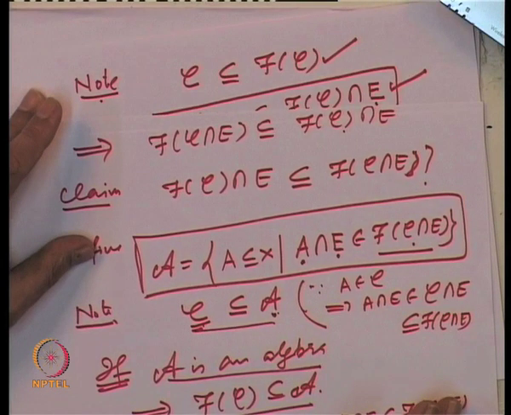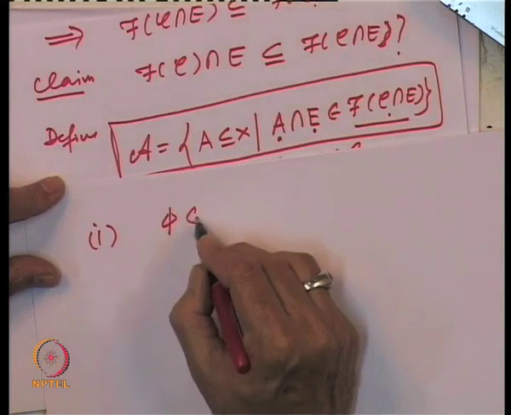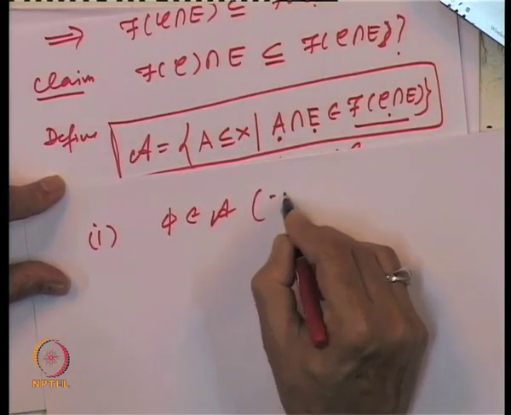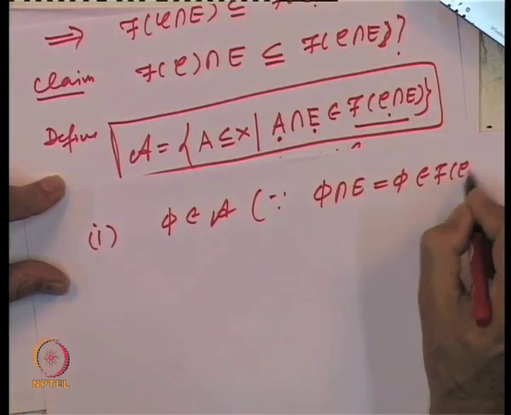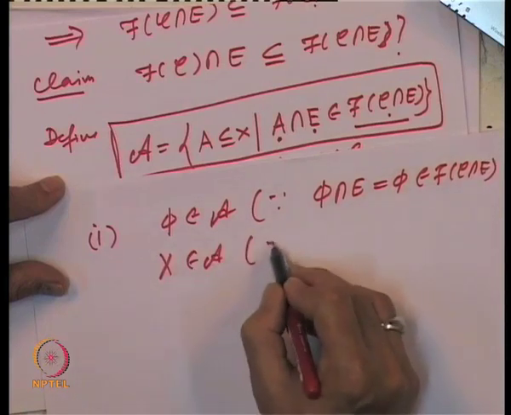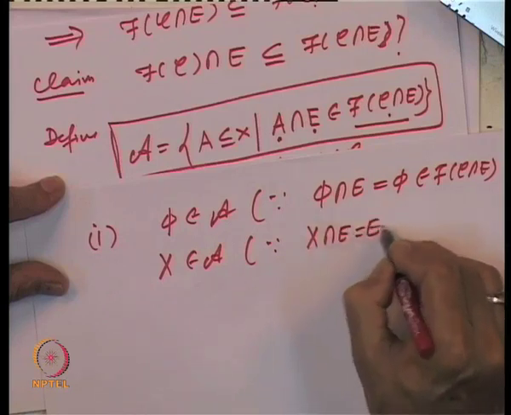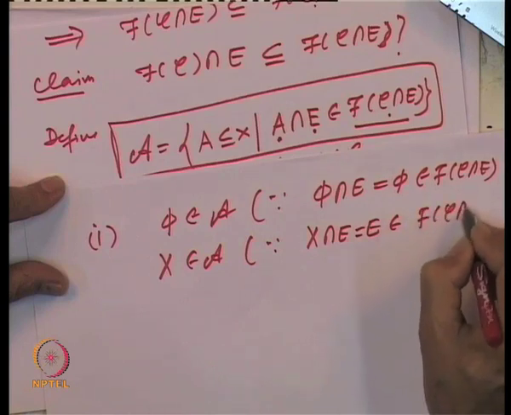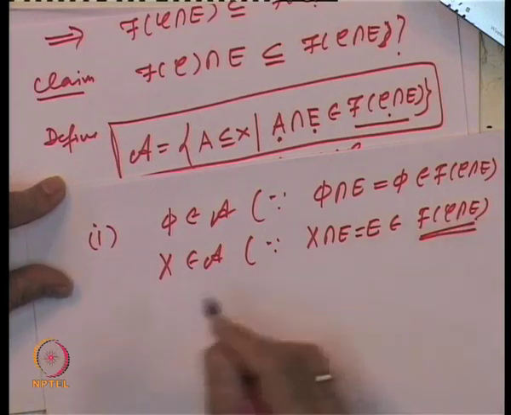So, we want to show this is an algebra of subsets of a set X. So, to show that, let us observe 1, empty set belongs to A, because empty set intersection E is empty set which belongs to f of C intersection E. The whole space X belongs to A, because the whole space intersection with E, which is E, that belongs to f of C intersection E. Keep in mind, this is the algebra of subsets of E generated by this collection.